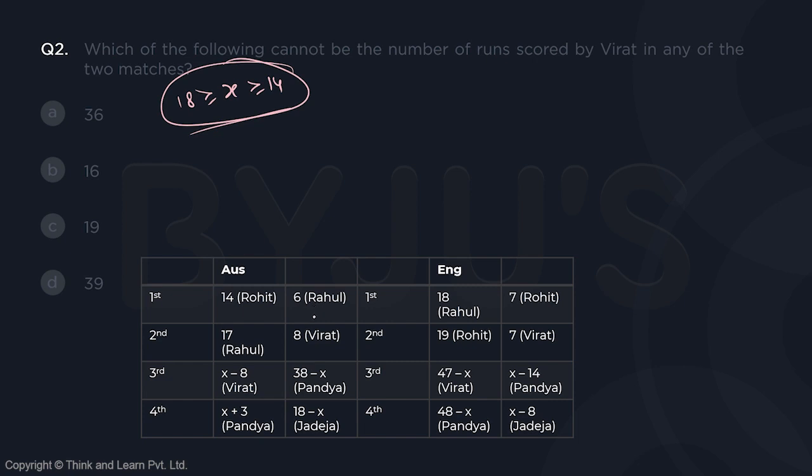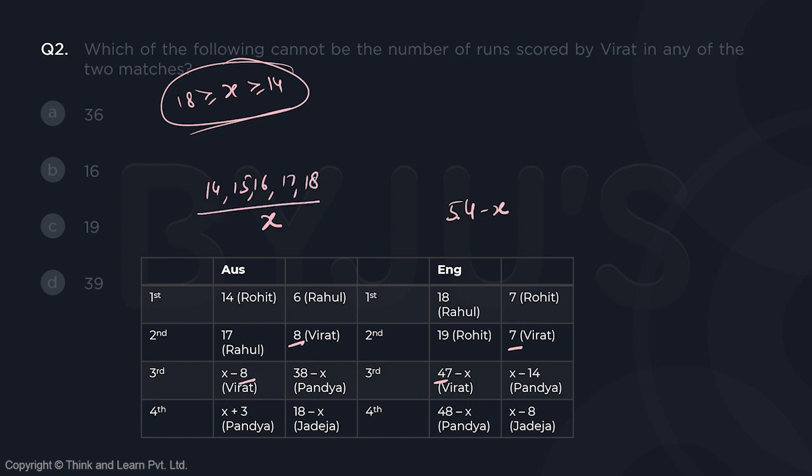Against Australia, Virat has scored 8 runs over here and X minus 8 runs over here. If I add them, I get X. Against England, he has scored 7 runs over here and 47 minus X over here. By adding them, I get 54 minus X. So that means he can score anything from 14 to 18, that is 14, 15, 16, 17 or 18.